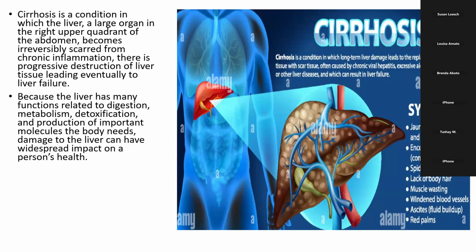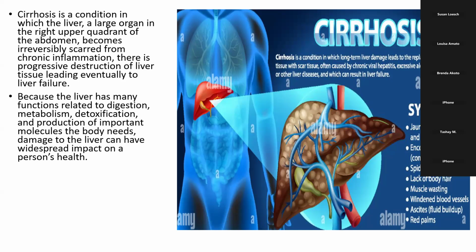Cirrhosis. Okay, this is going to be damage to the liver. The liver's in your right upper quadrant. It's going to become scarred. It can develop chronic inflammation and it'll be destroyed here. What's that liver do? We looked at that in the very beginning of the chapter or the review, okay?